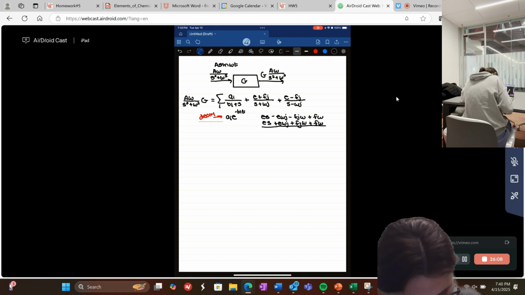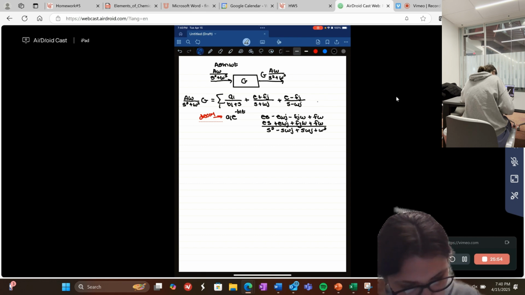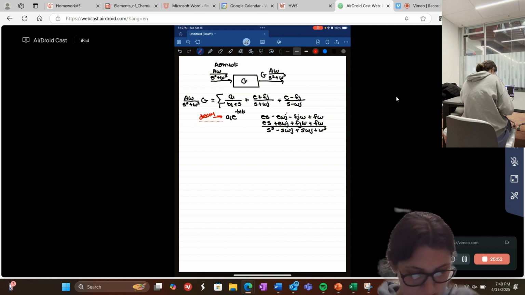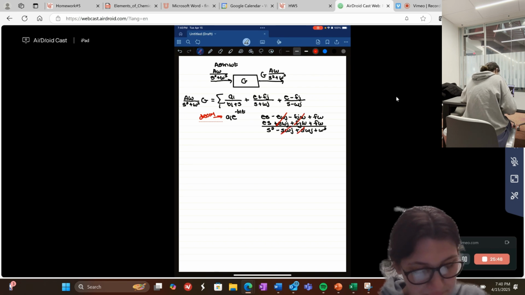And then in the denominator, what we end up with is s squared minus sωj plus sωj plus ω squared. Now what we can see here is that these cancel out, and those in the denominator cancel out.